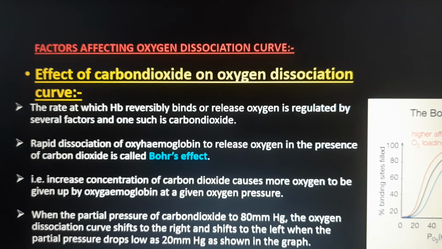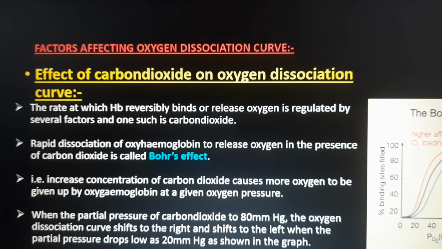At tissue level, because of metabolism, there is increased production of carbon dioxide, and as a result, there is increase in the partial pressure of carbon dioxide, which comes up to 45 mmHg. There will be rapid dissociation of oxyhemoglobin, releasing oxygen to the tissue.